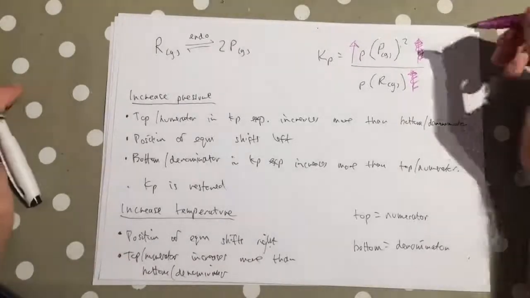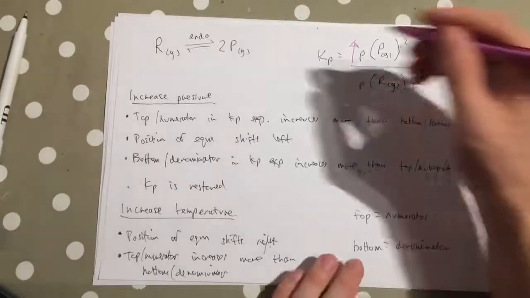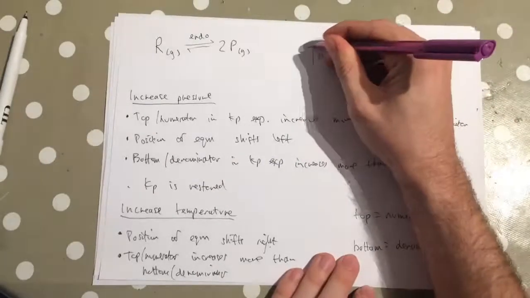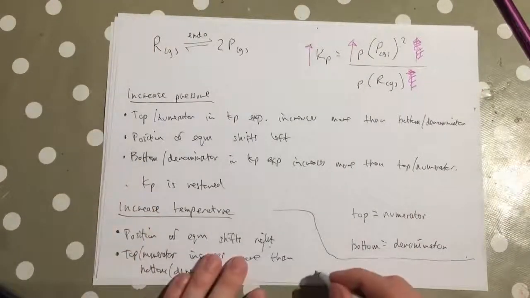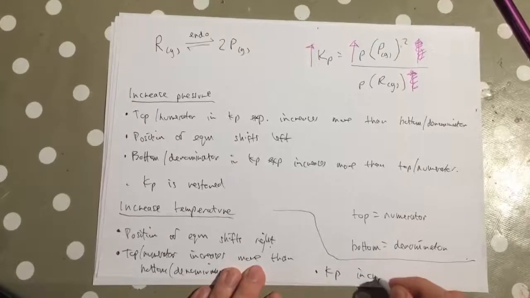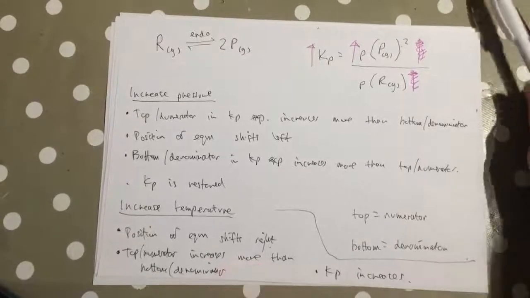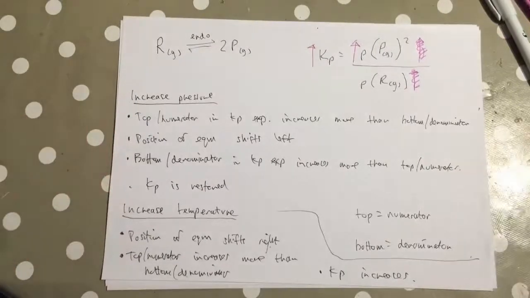Now, if we increase the top term more than the bottom term, because of math, that means our final answer will increase. So I'm kind of running out of space here. So therefore, in this example, Kp increases. So like Kc, Kp is boss apart from temperature.